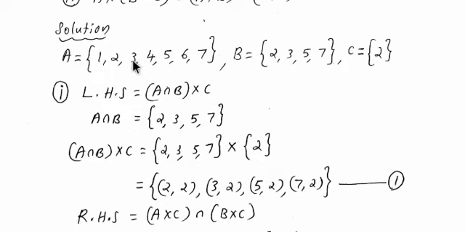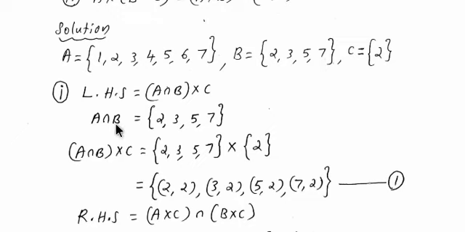Here common elements: 1 is not common, 2 is common, 3 is common, 5 is common and 7 is common. Therefore, A ∩ B is 2, 3, 5, 7.